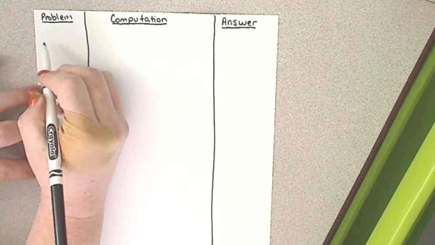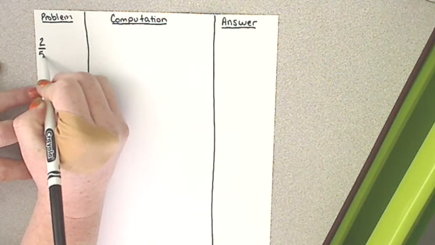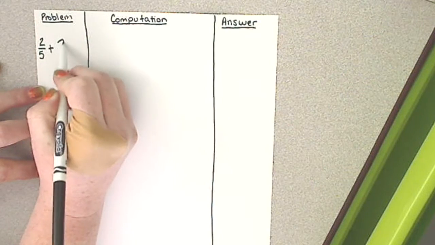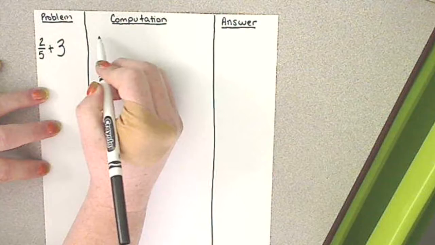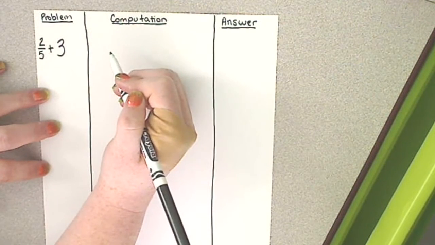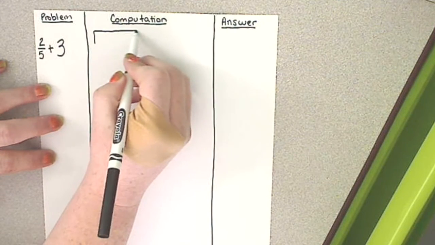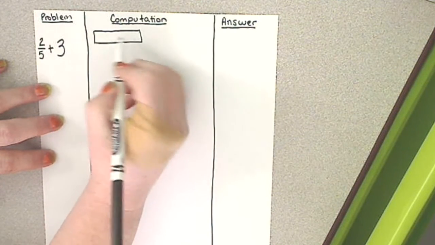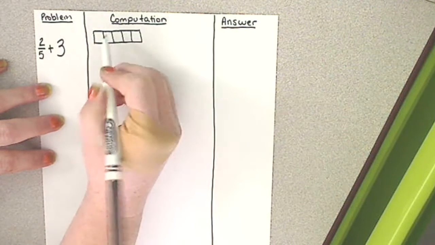Our first problem is 2/5 plus 3. Okay, so I'm not even going to get real complicated with this. We can draw 2/5, 1, 2, 3, 4, 5.